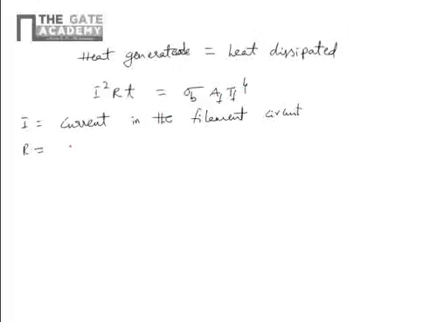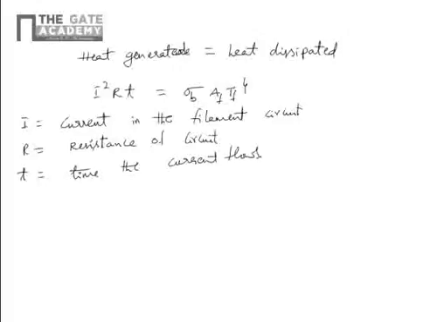R is the resistance of the circuit. T is the time the current flows in the circuit.